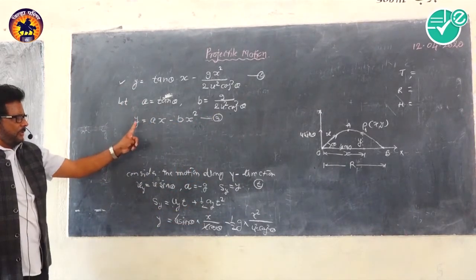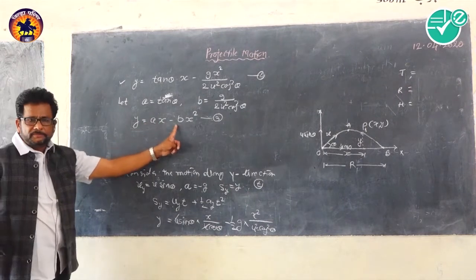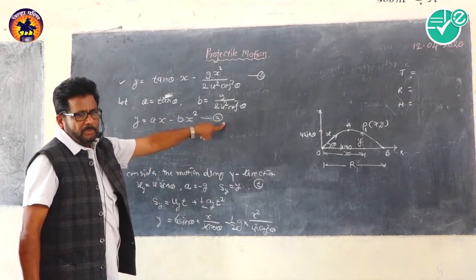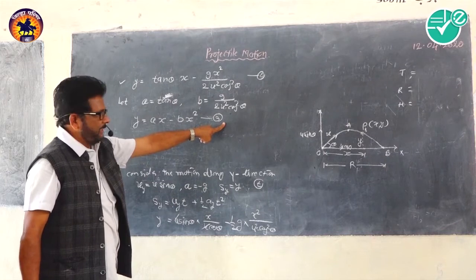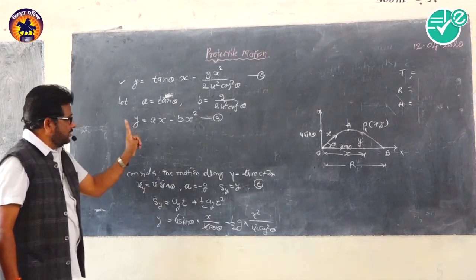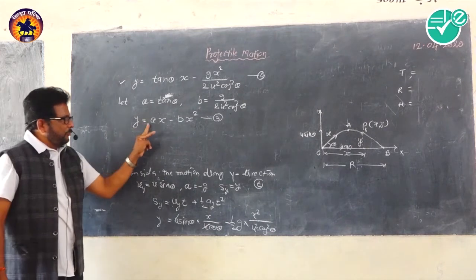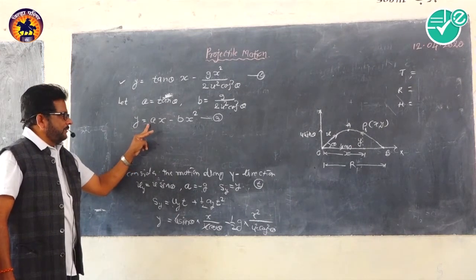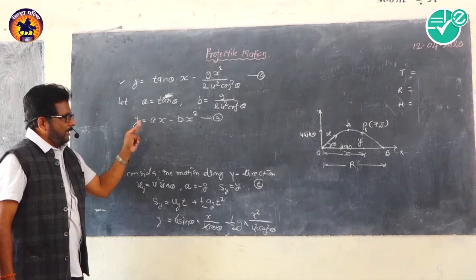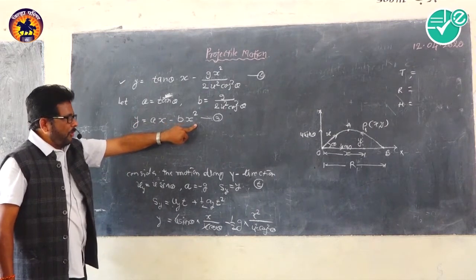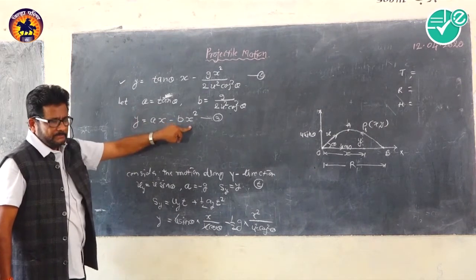But this equation y equal to ax minus bx square is the equation of a parabola in mathematics. A parabola is the equation which is related to y and x square or y square and x.